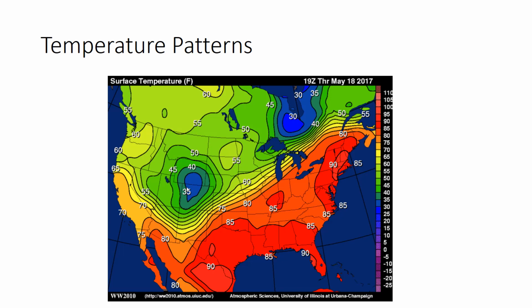And then obviously the coldest temperatures on the map are up here in Canada, but we're not going to worry too much about that. The only thing I want to bring out is that with this color coding and these lines called isotherms, we're able to put together a pretty clear picture of temperature patterns.